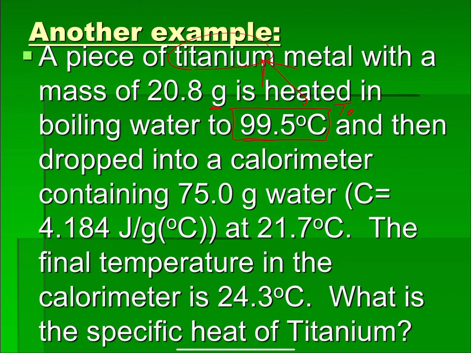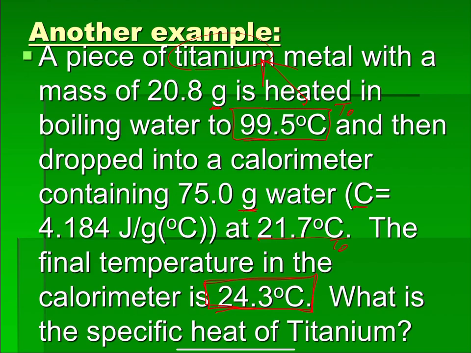It's dropped into a calorimeter. We know the mass of the water, the heat capacity of the water, and then our initial temperature of the water, 21.7. The final temperature in the calorimeter is 24.3. Remember, this final temperature is the temperature of both the titanium and the water because they're in equilibrium.